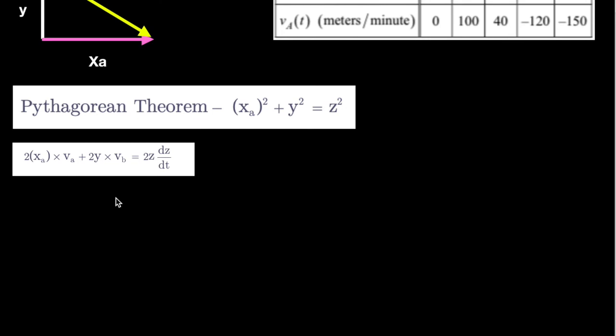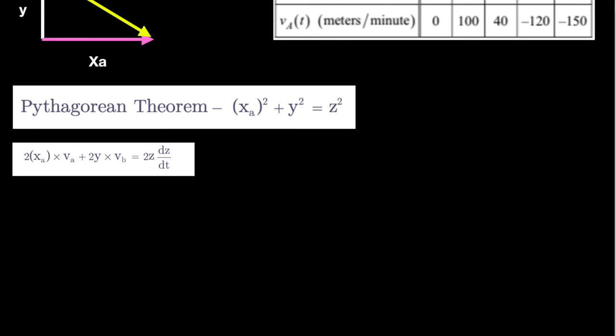And then that equals 2z times dz, and since everything is in relation to time, we're using dt.